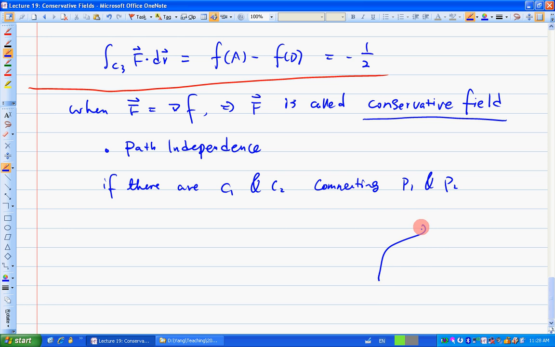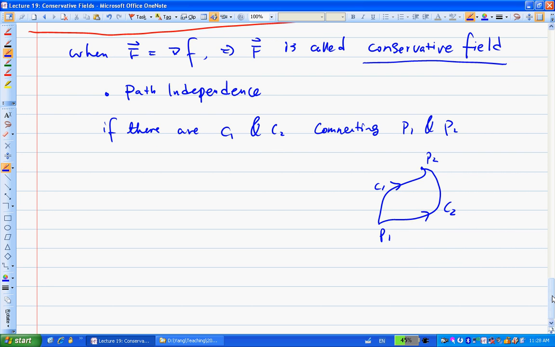This is P1, this is P2, this is C1, and this is C2.